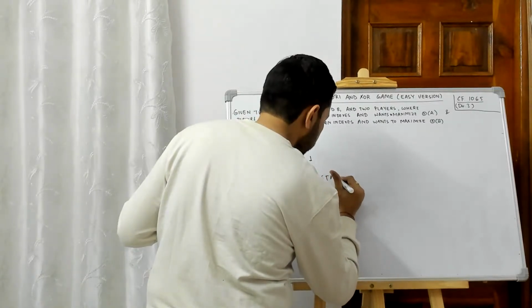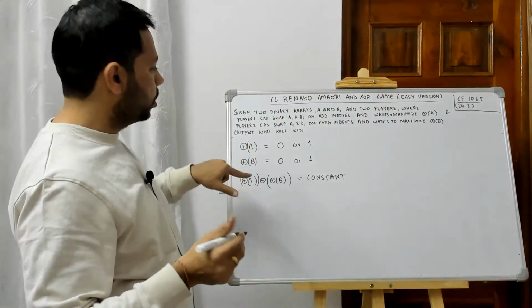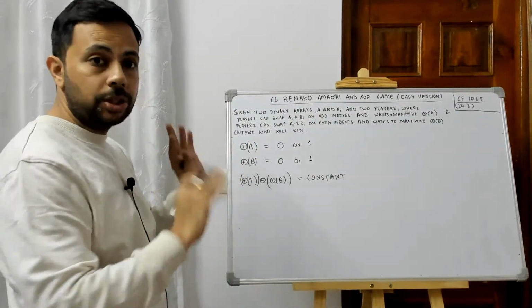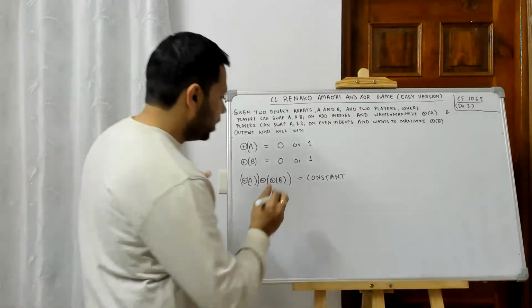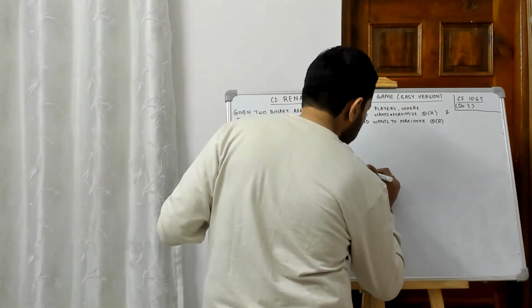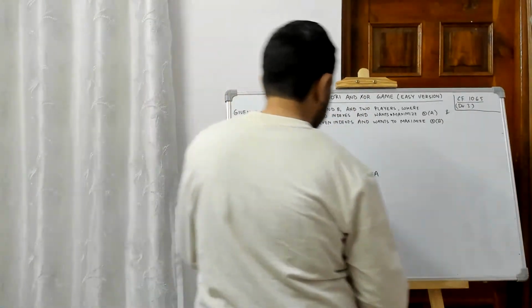What that means is the XOR of all 2n elements, if you take the XOR, because elements are not changing, you are just swapping them, it is going to be constant. Let's call this total XOR, or I'll call it XOR of AB.